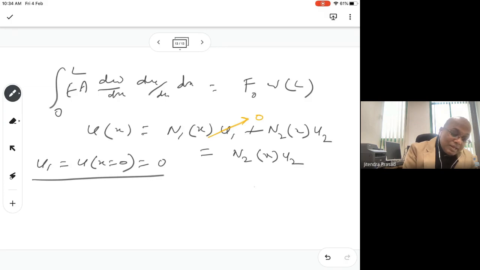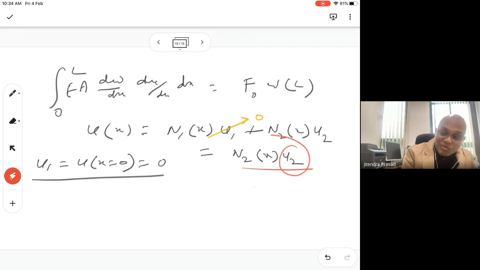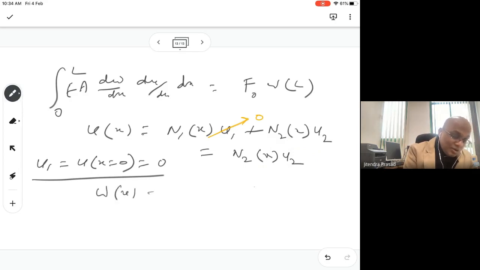Now we have the U2 term here. U1 we know already. So we have the U2 term in this case. U as a function of U2, we are getting U2. Earlier we used to get the coefficient. But here, displacement itself is the coefficient. So that's the new thing we are doing, right? Similarly, Wx can also be written as sum of Ni x Wi.